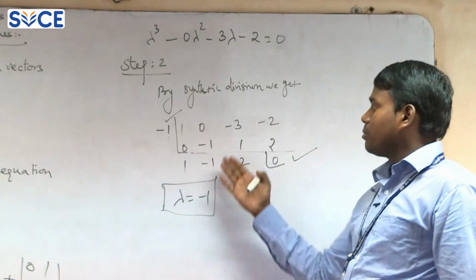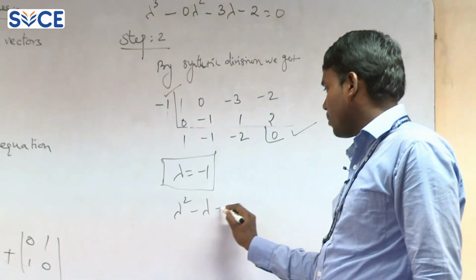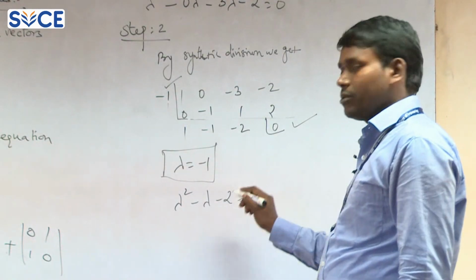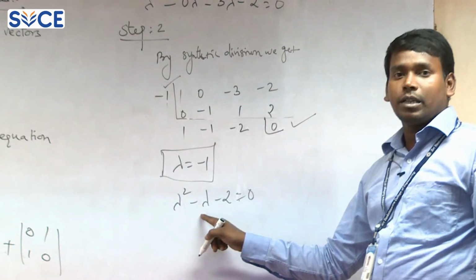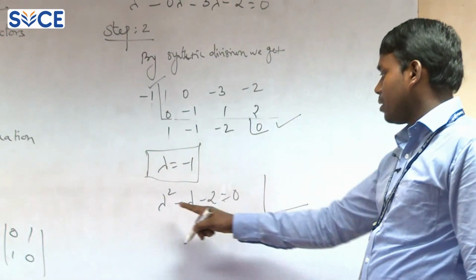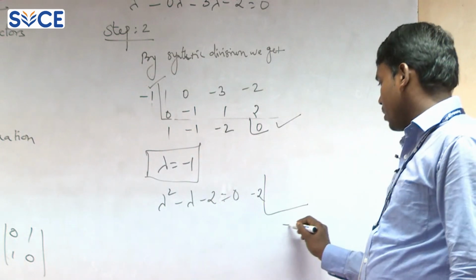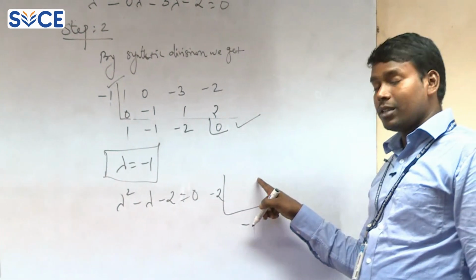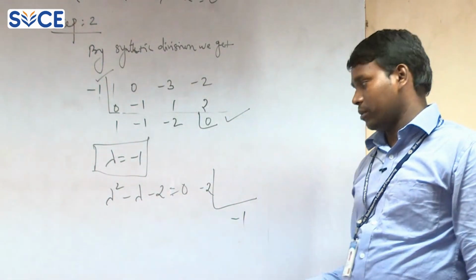Now the cubic becomes the quadratic equation lambda square minus lambda minus 2 equal to 0. So, the multiplication of the two numbers should be minus 2, and the addition of the two numbers should be minus 1.